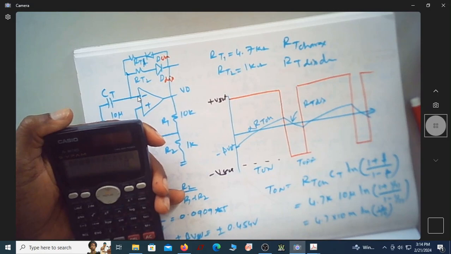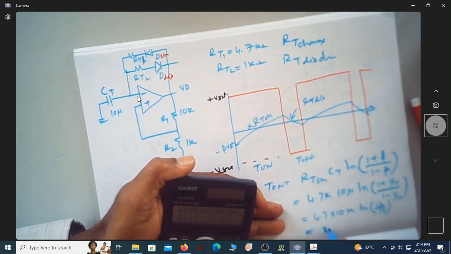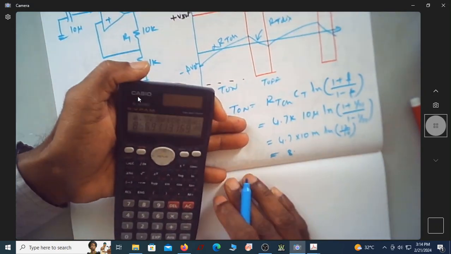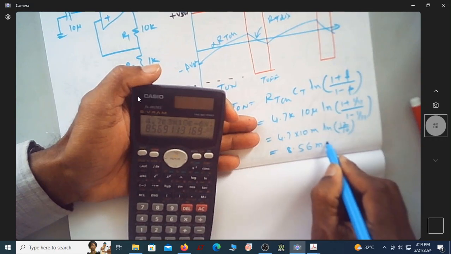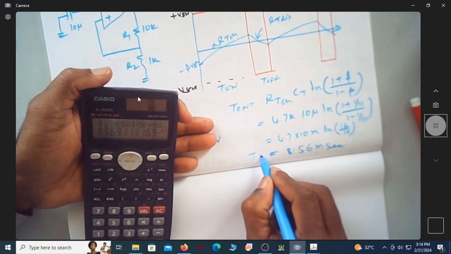This comes out to be 8.56 millisecond. So this is my T on.